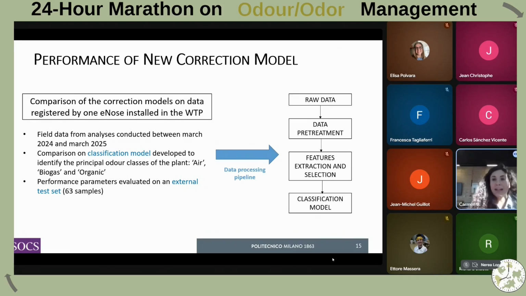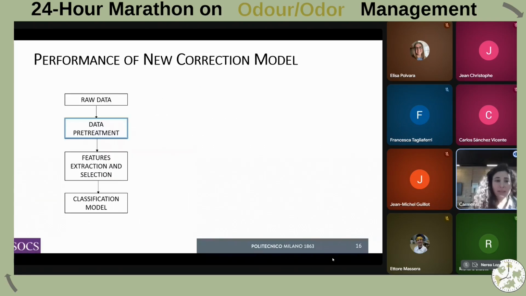We assessed the performance of the model by considering a data set completely independent from the training, including 63 samples.